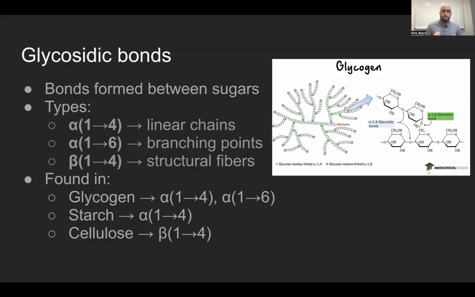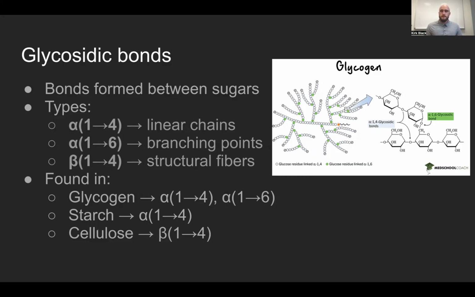So thus, the branching points make it easy to access these monosaccharide glucose. That's why you will see in glycogen, as it does have alpha 1,4 glycosidic bonds, it is mainly an abundance of alpha 1,6 glycosidic bonds due to its need to be accessible for other enzymes.